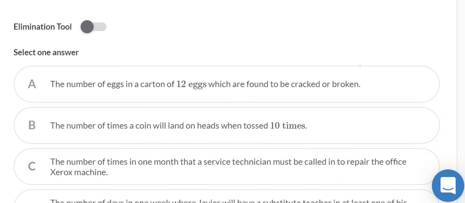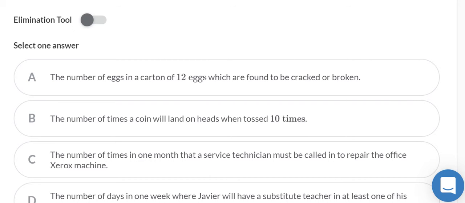My hint to you here is eggs are countable. I can count them. If you can physically count them as whole numbers, and there are not an infinite number of fractions in between, then it's discrete.